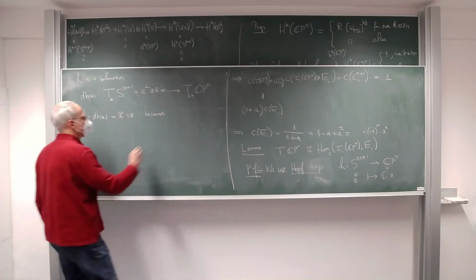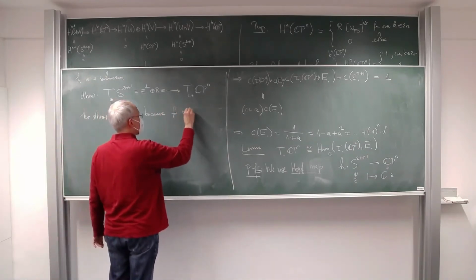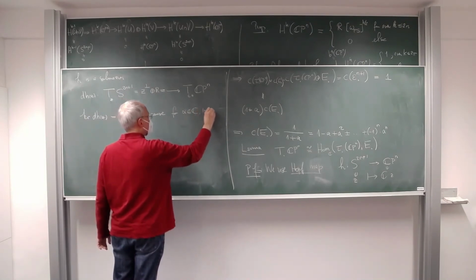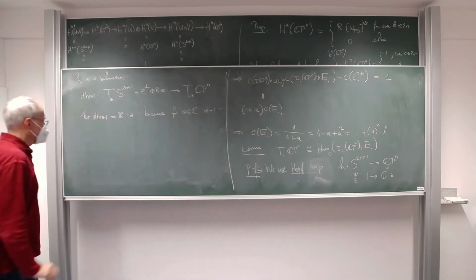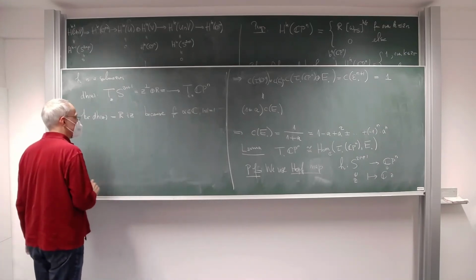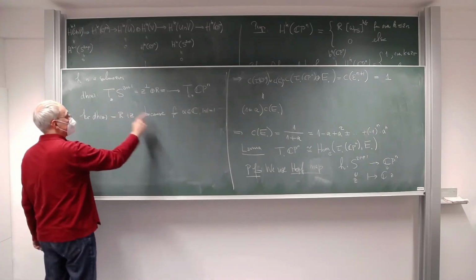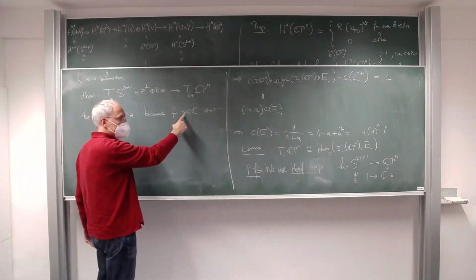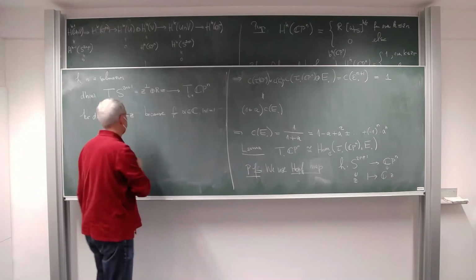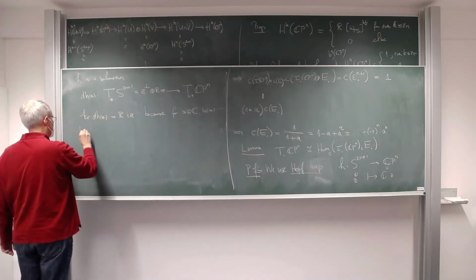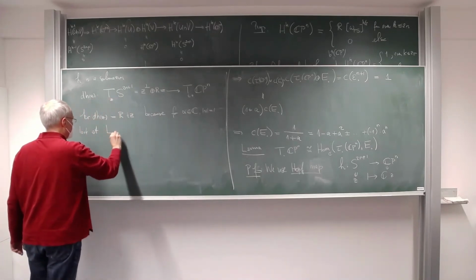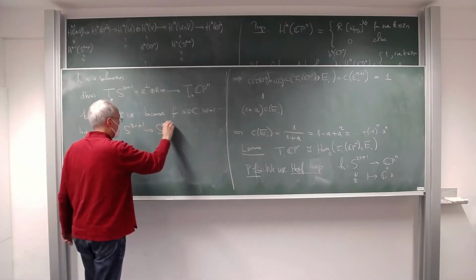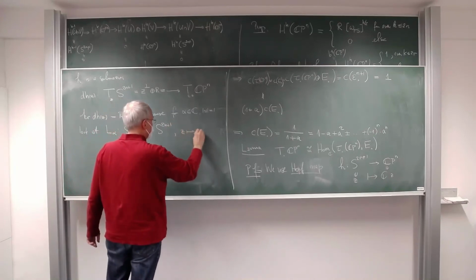Because for an alpha in C with norm 1, we can look at the left multiplication by alpha. If I take a unit vector and multiply it with alpha, I get another unit vector. So look at L_alpha from the sphere to itself, mapping z to alpha times z.